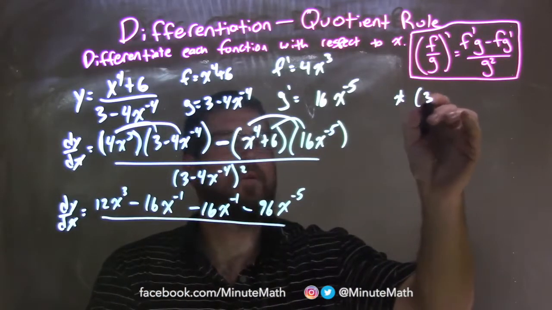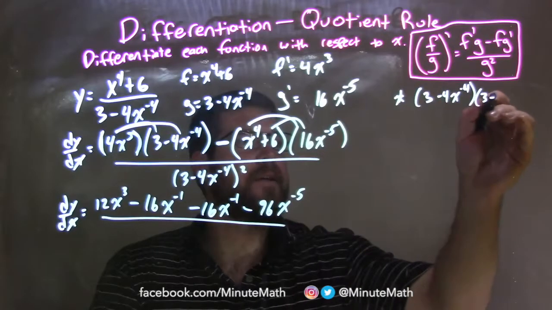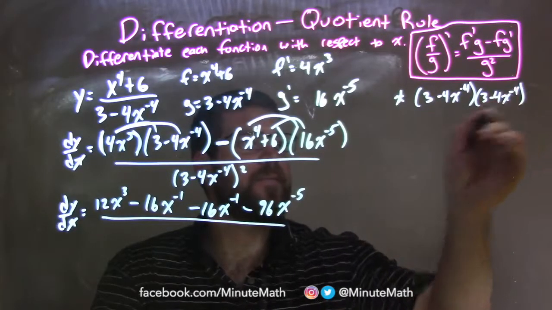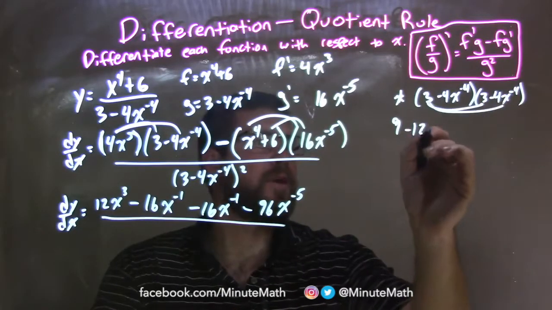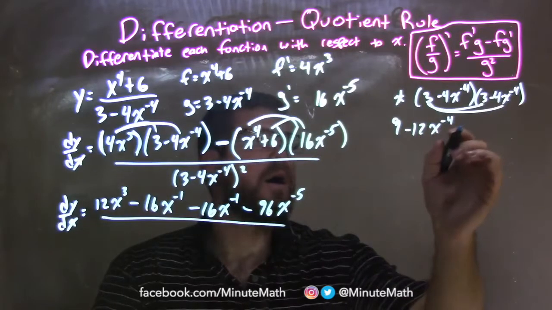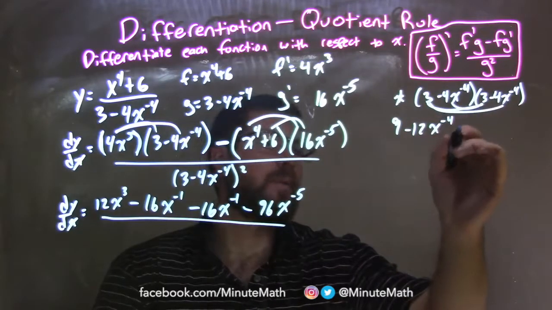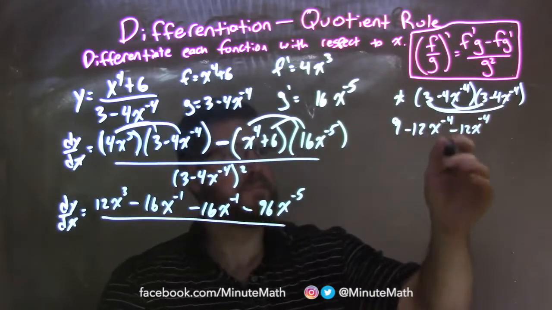Okay, we have 3 minus 4x to the negative 4th power times 3 minus 4x to the negative 4th power. 3 times 3 is my 9. 3 times negative 4 is negative 12, x to the negative 4th power. And then negative 4 times 3 is negative 12, x to the negative 4th power. Okay.